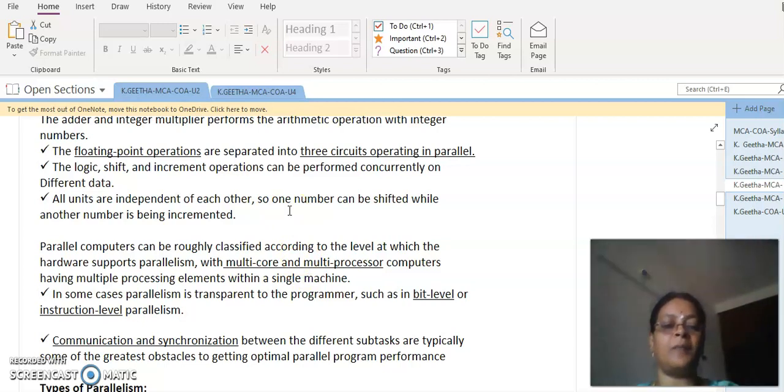So we are going to have multiple processors, and these processors are going to be connected with each other by a common memory, or they can have a distributed memory with some assigned local memory. And if it is about multi-core, it is nothing but multiple processors lying on the same die. If the same chip has multiple processors, it is called multi-core.